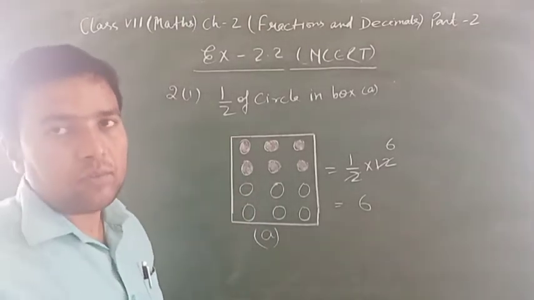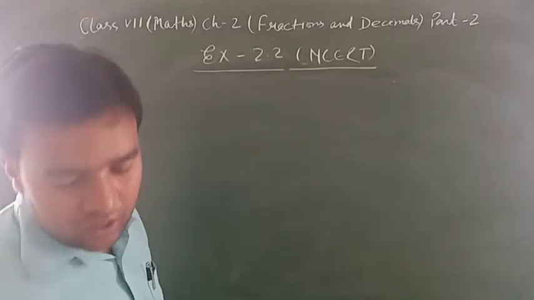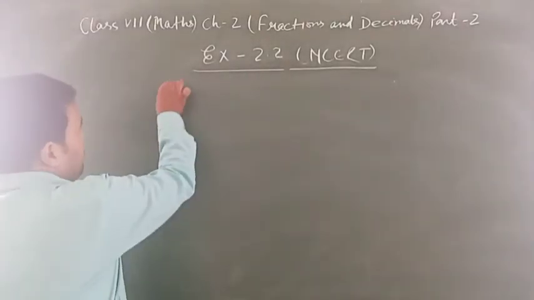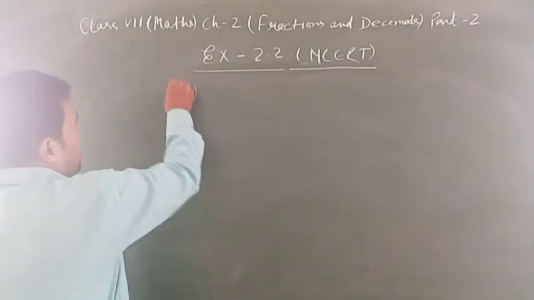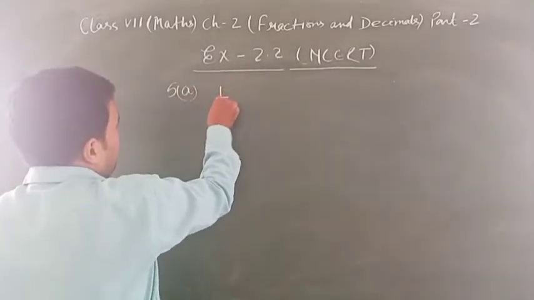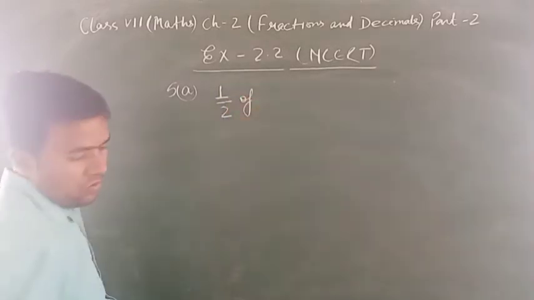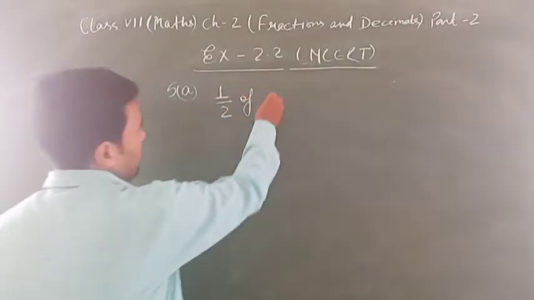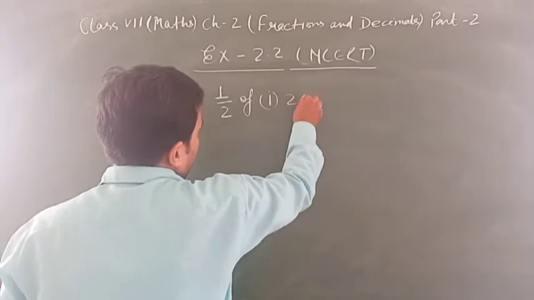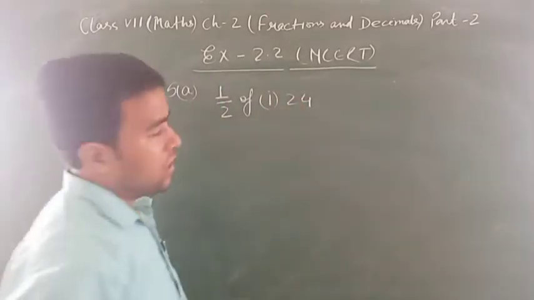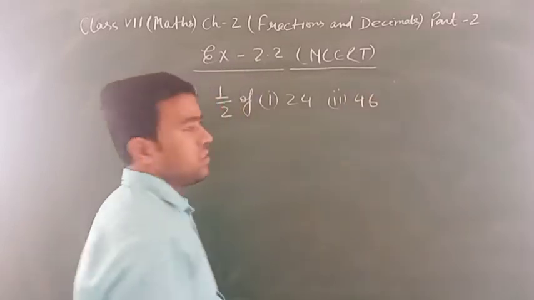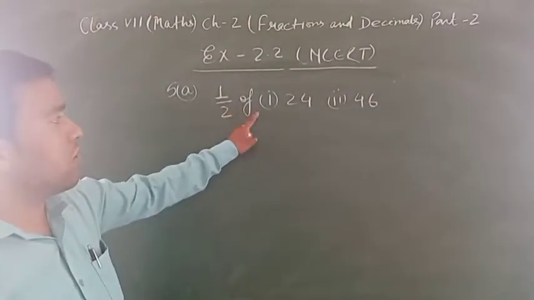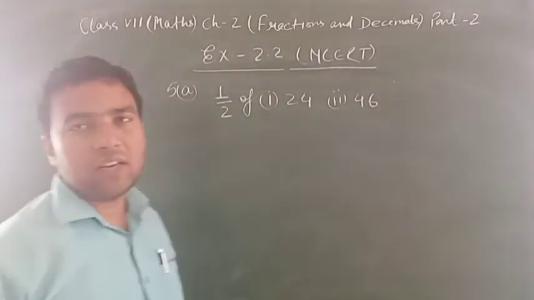In question number 5, note down this. Question number 5: A. 1/2 of 24 and the second is 46. 1/2 of 24 and of 46, find it.